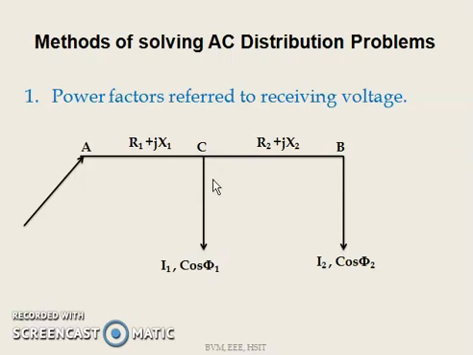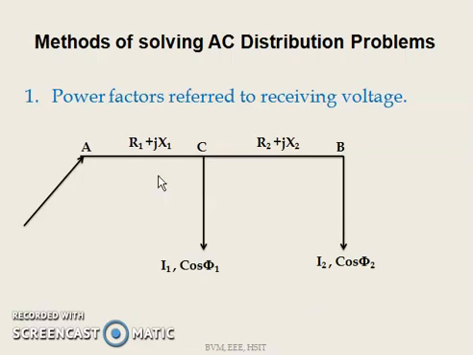The load connected at point C has load current I1 and power factor cos phi 1. The load connected at point B has load current I2 and power factor cos phi 2.